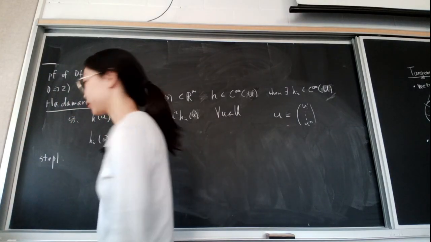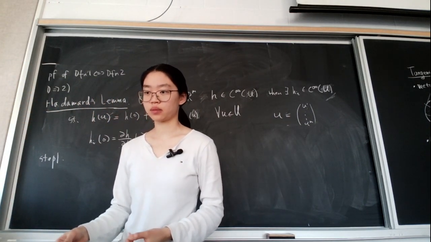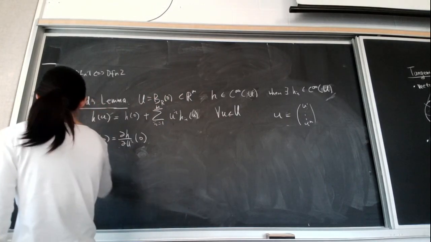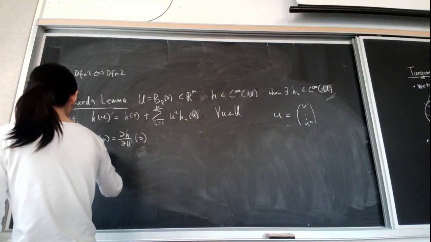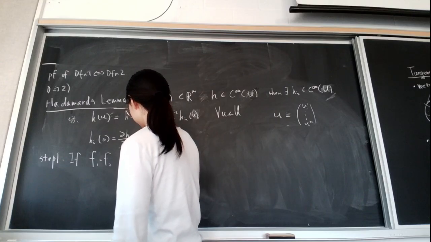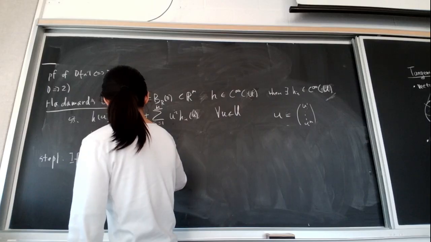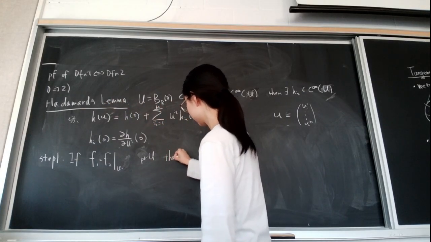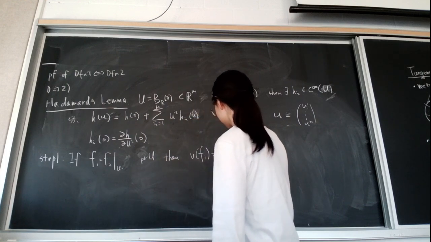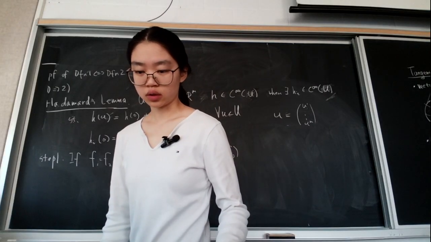We want to show that if you have 2 functions that are equal on a neighborhood around P, then V applied to these 2 functions are the same. Okay.